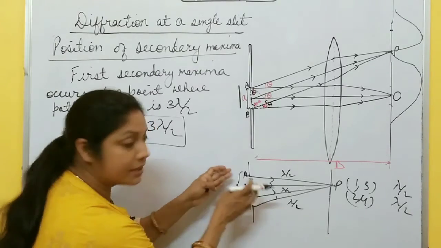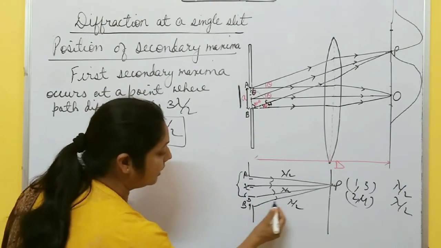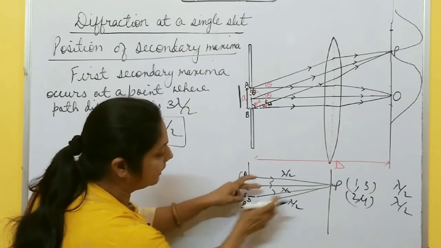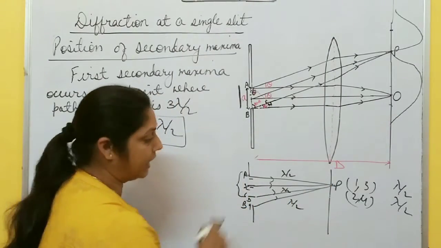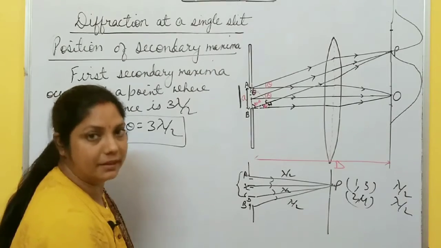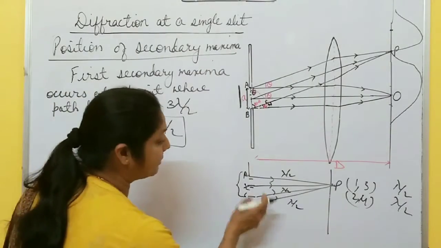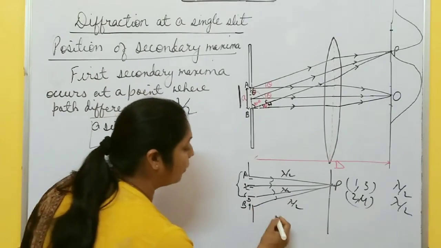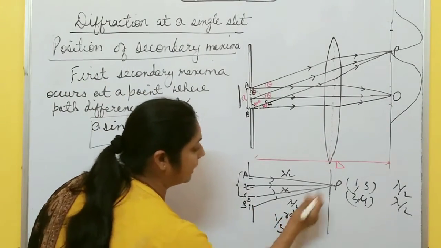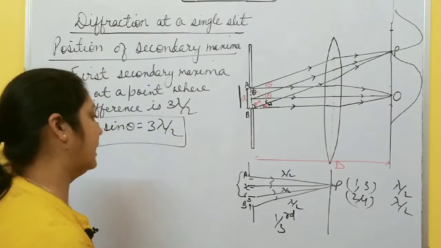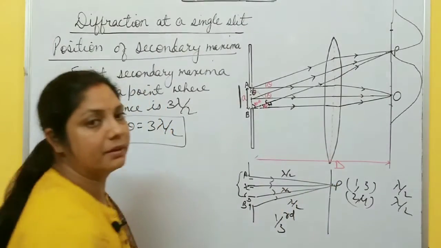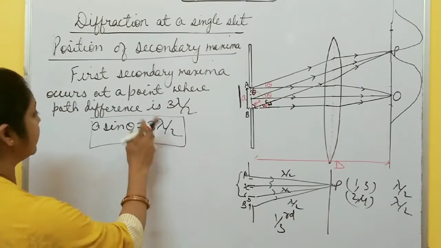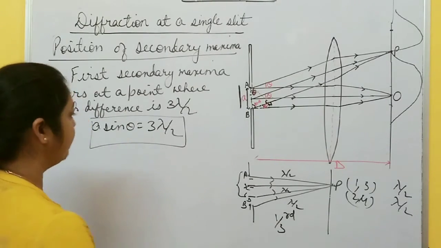They form destructive interference. Only 1/3 part of the light reaches point P and forms maximum intensity at that point, but the brightness of that intensity is minimum because only 1/3 part of the light reaches point P, and hence first secondary maxima is formed at this point P, right? So this is the condition for first secondary maxima.